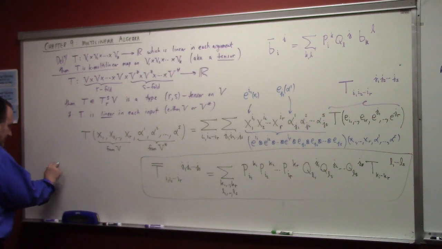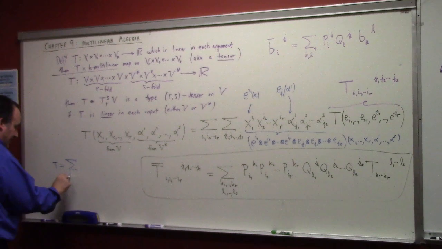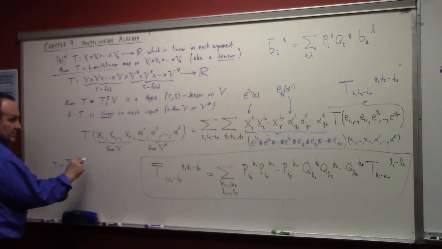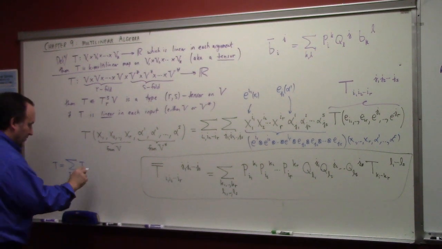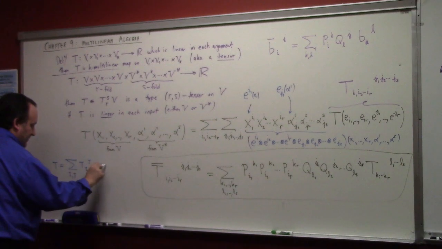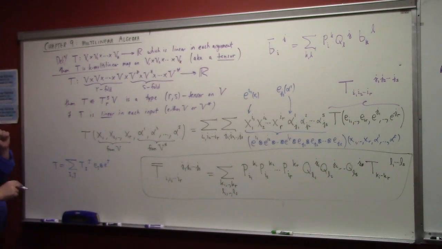we can write T as the sum over, let's say, i and j of T_{i}^{j} e_i tensor e^j, like that, if I can use that brief notation.